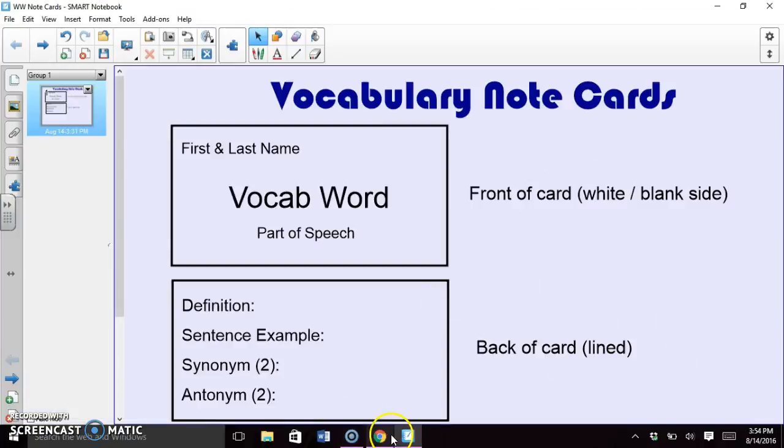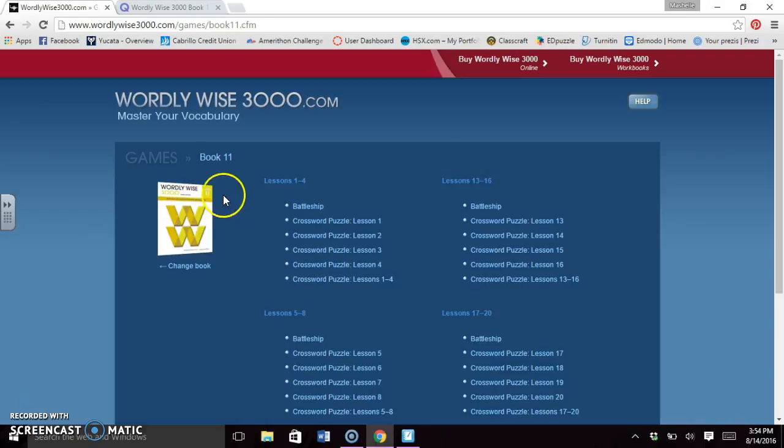Okay, so I'm going to go ahead and switch over to a web page. First of all, there are a couple resources that I want to show you. If you go to the wordlywise3000.com site and specifically look at the games aspect, you'll notice here that there are crossword puzzles for each lesson.